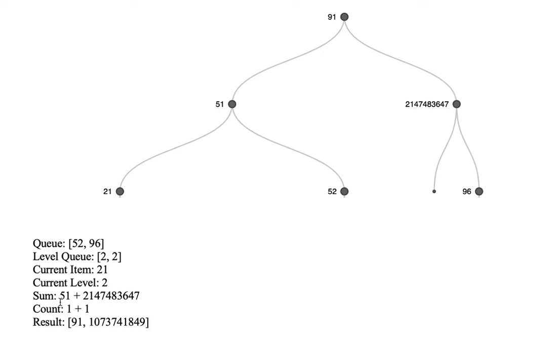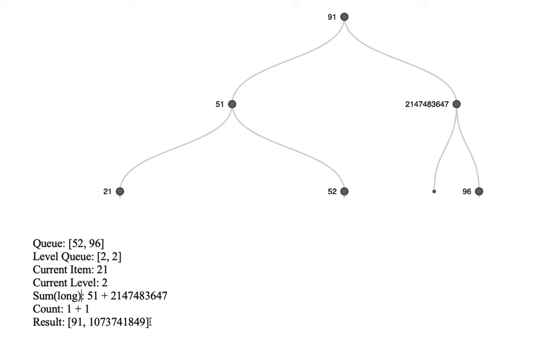One important thing to note over here is that the sum of these two would exceed the integer range in Java. So what you need to be careful about is that you store the sum in a long value so that you do not exceed the integer's max value range. If the sum is stored in long, then you can divide it by the count and get the result. So essentially this should be of type long.